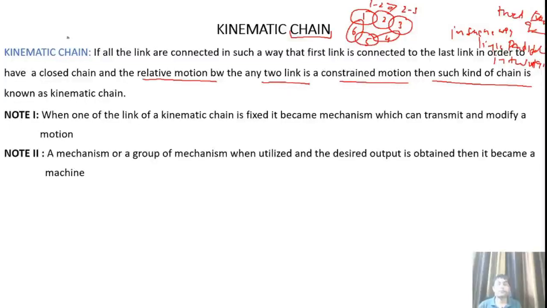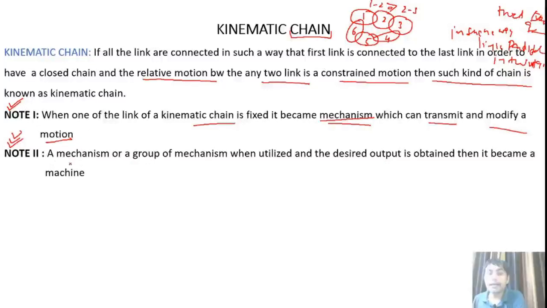So next, note 1 is very important and note 2 is also very important. When one of the links of a kinematic chain is fixed, then it becomes a mechanism which can transmit and modify motion. A mechanism can transmit as well as modify the motion.